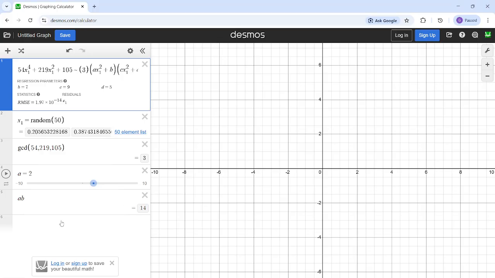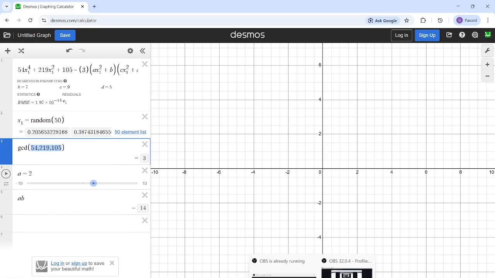Now, the first thing we learned is that x1 equals random 50 puts 50 random values into x and chooses one of them. And GCD takes as many numbers as you want. You can put them here, and it will tell the biggest possible number that divides all of them.